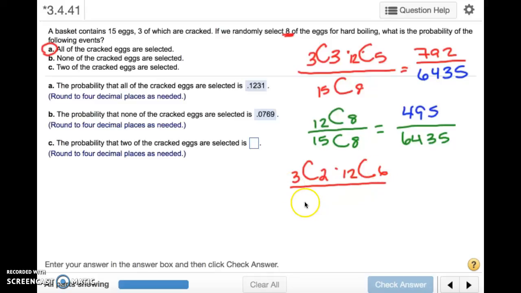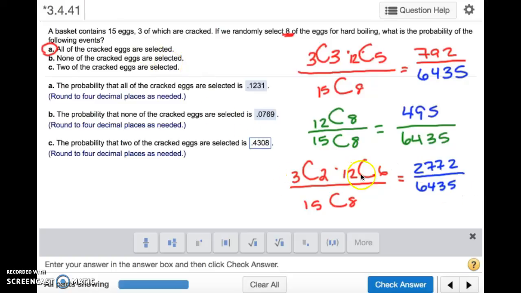And again, this bottom's still going to be 15C8. All right, so when I figure out this top, I get 2,772 divided by 6,435, and that gives me this decimal.